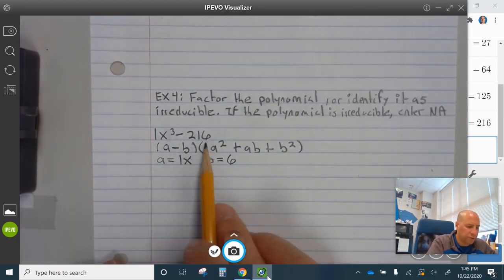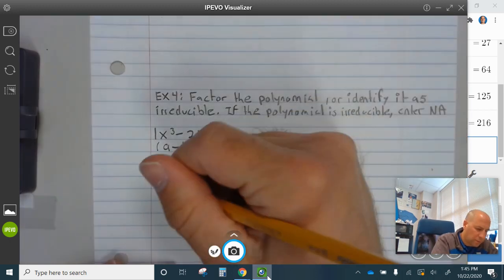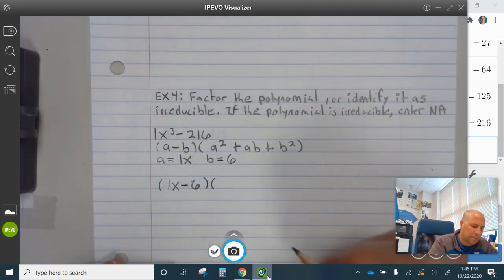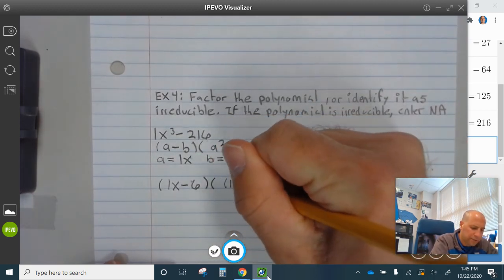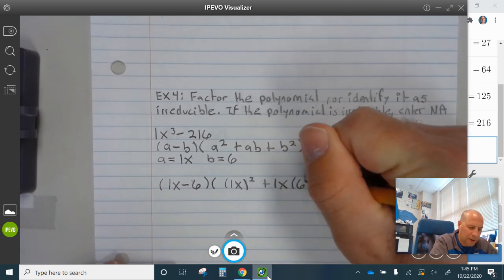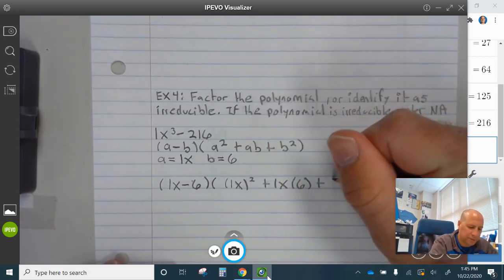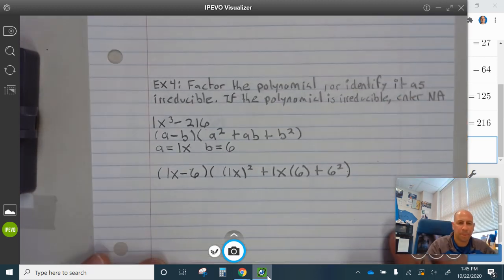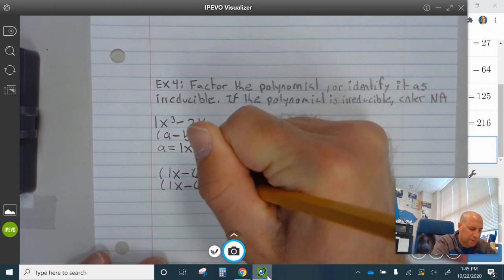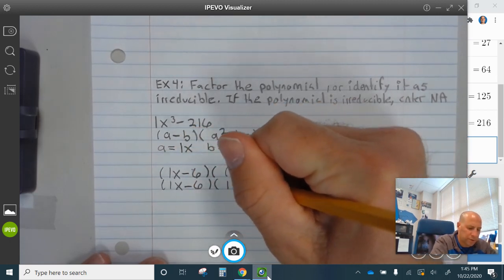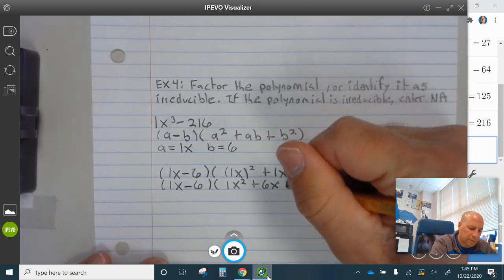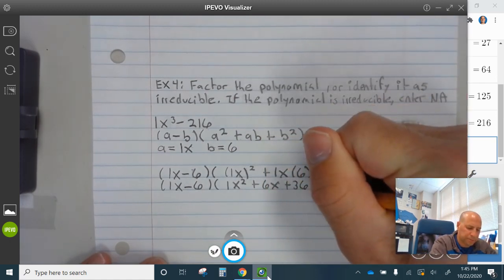So the factorization of this is 1x minus 6 times 1x squared plus 1x times 6 plus 6 squared. So that's 1x minus 6 times 1x squared plus 6x plus 36.